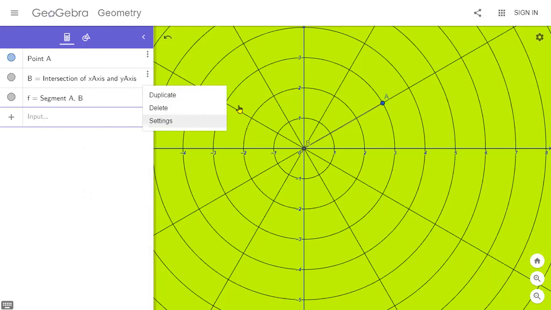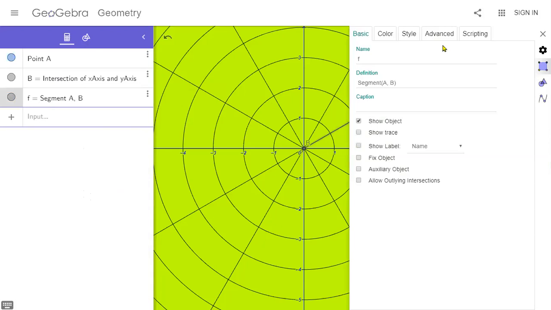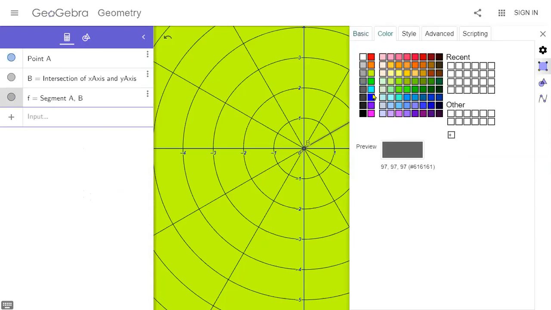Let me take the blue color for this radius vector.